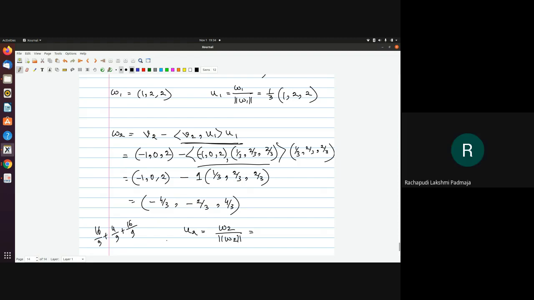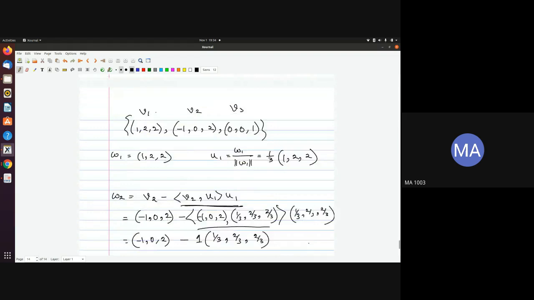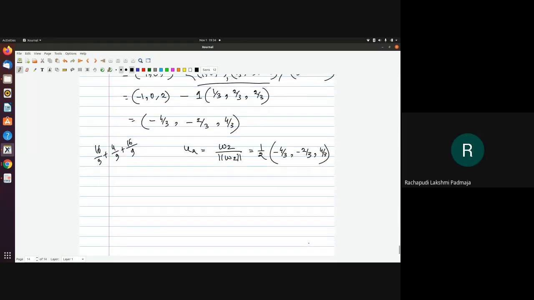So the norm is 2, so half. Okay, so this is my U2. We can cancel that 2, so it is minus 2 by 3, minus 1 by 3, 2 by 3.